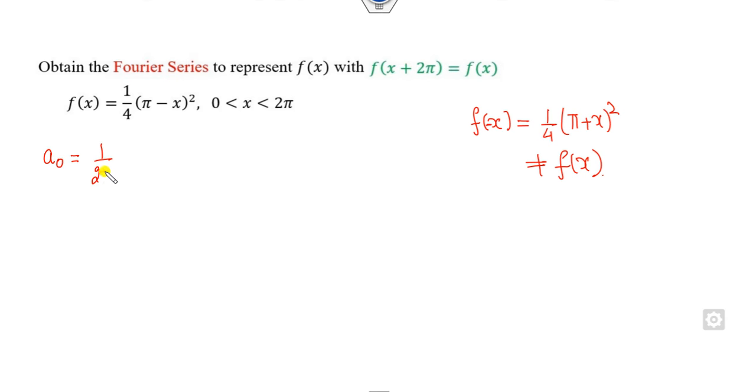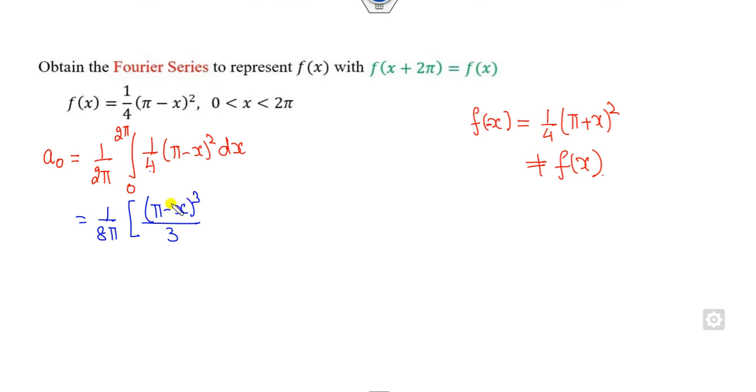So a0 is 1 over 2 pi, because the length is 2 pi, integral from 0 to 2 pi of f(x), which is 1 over 4 of pi minus x whole square. So what is the integration of this? 1 over 8 pi, pi minus x cube over 3, and the derivative of this is minus 1, from 0 to 2 pi. So what is the answer of this?